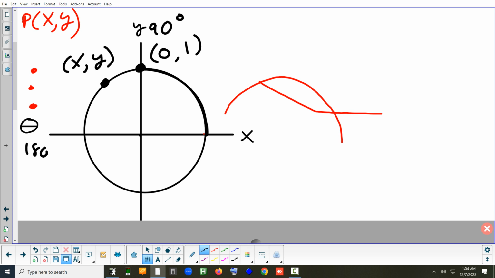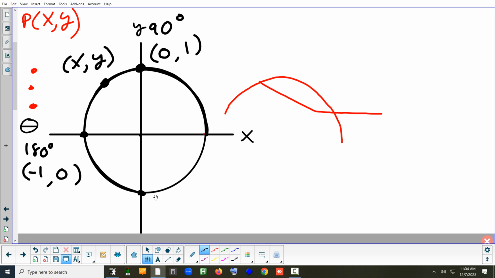Let's do 180. So 180 is right there. What do you think the coordinate is for a 180 degree angle on the unit circle? Negative 1, 0. What's that angle when you go 3/4 of the way around the circle? That's 270.